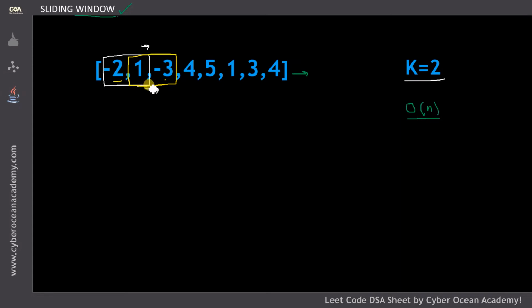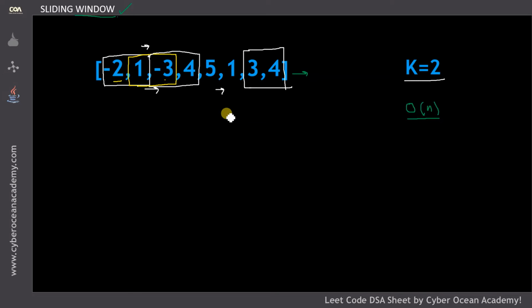You add 4 and you leave the element 1. In the same way you will reach here, 3 and 4. The new elements inside this window are 3 and 4. So the size of the window is 2. This is the technique we use to slide forward, and we will not break the window.